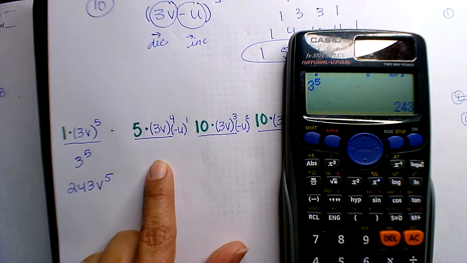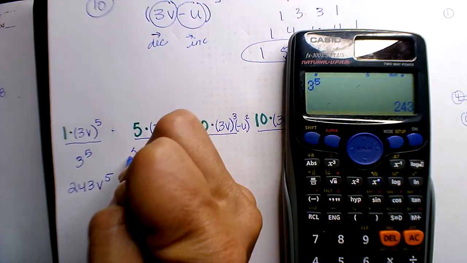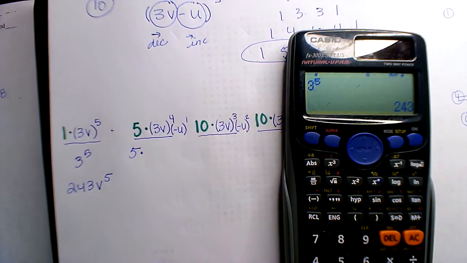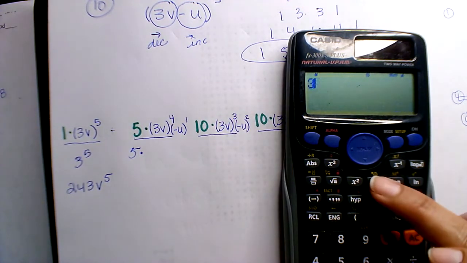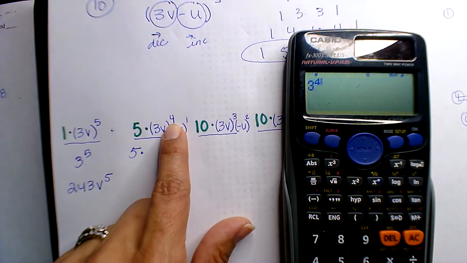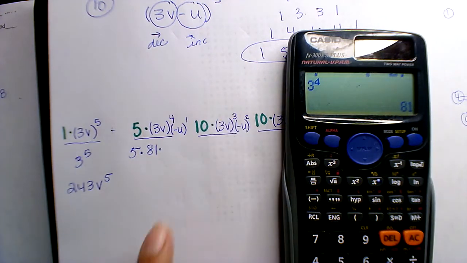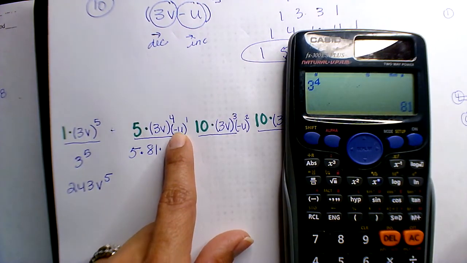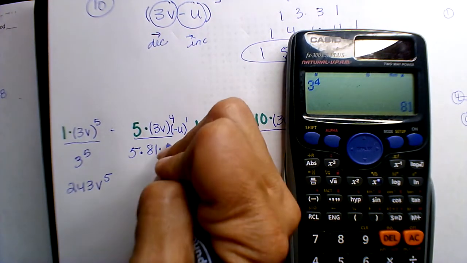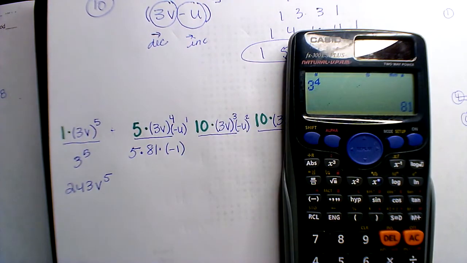Okay, the second term is going to have a 5 times 3 to the 4th. So 3 to the 4th is 81. And then you have negative 1 to the 1 power, which is negative 1.